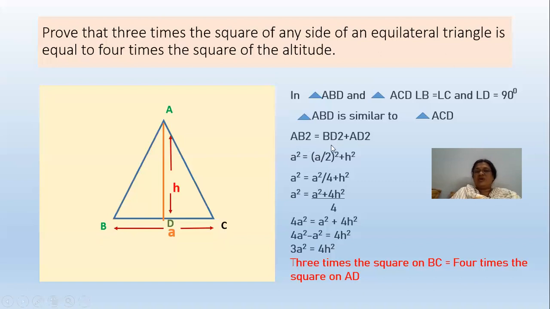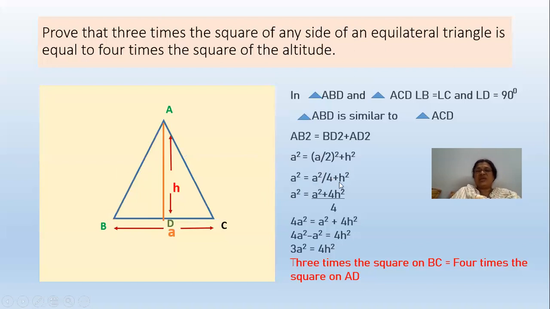So now when you take this triangle ABD, AB is nothing but the hypotenuse. So AB square will be equal to BD square plus AD square. So AB is A. A square is equal to BD, that is half of A, that is A by 2, A by 2 the whole square, and AD is nothing but the altitude, that is H. So when you square it, you will get A square by 4.